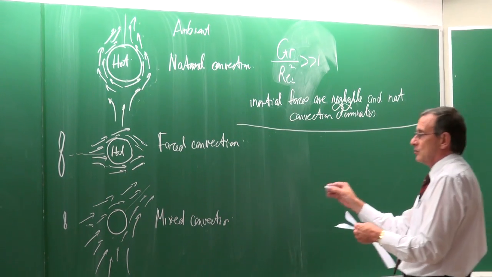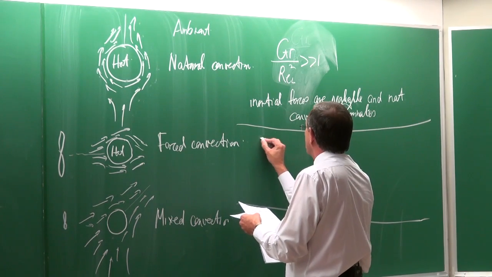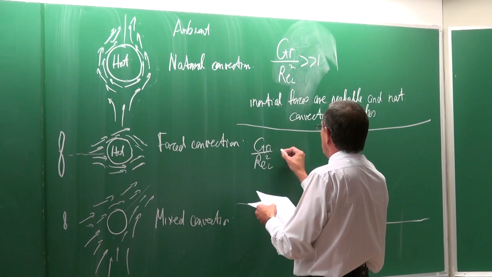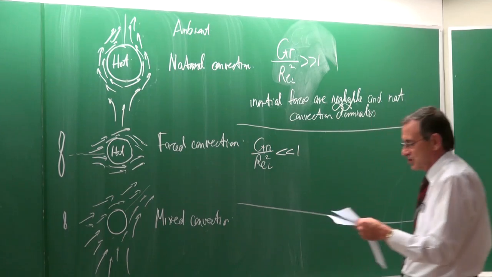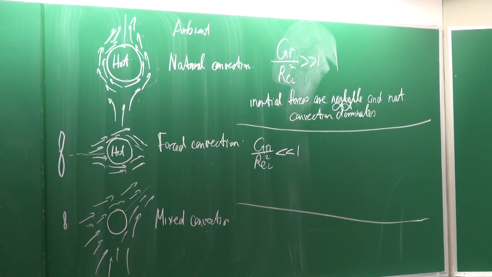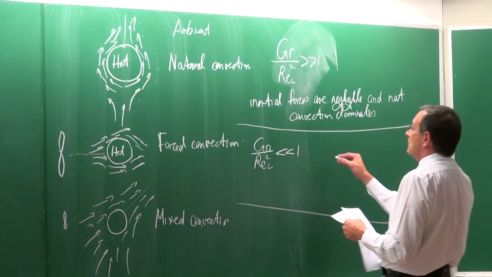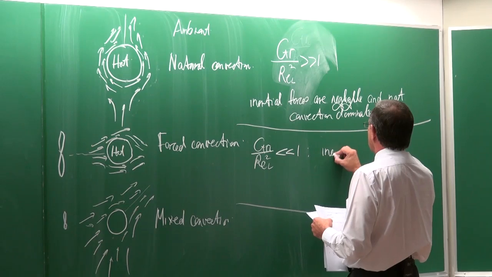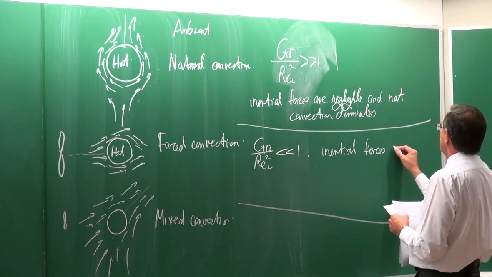If we have now the next case, this would be when the Grashof number divided by the Reynolds square, both based on the characteristic length, is much smaller than 1. Now, it's the opposite of that. Okay, so the inertial force dominates.